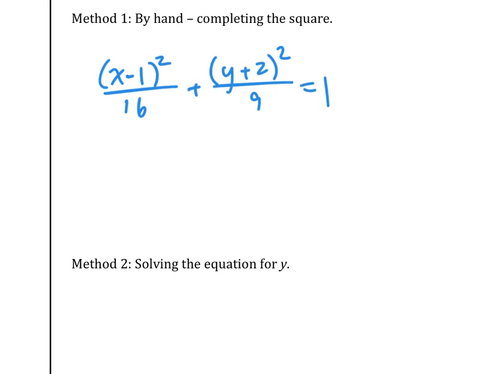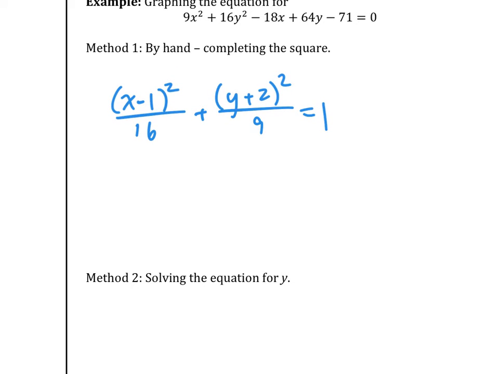The second method to figure out what kind of shape this is is by solving the equation for y. What does that mean? You see that this equation from method 1 is our standard equation, and you've learned this for a while, so when you see the standard form, you can notice that this is an ellipse, but this is not an equation that you can actually graph in your graphing calculator, correct?